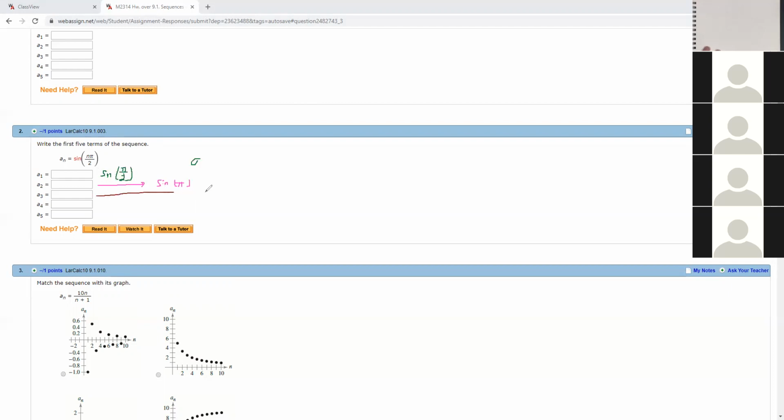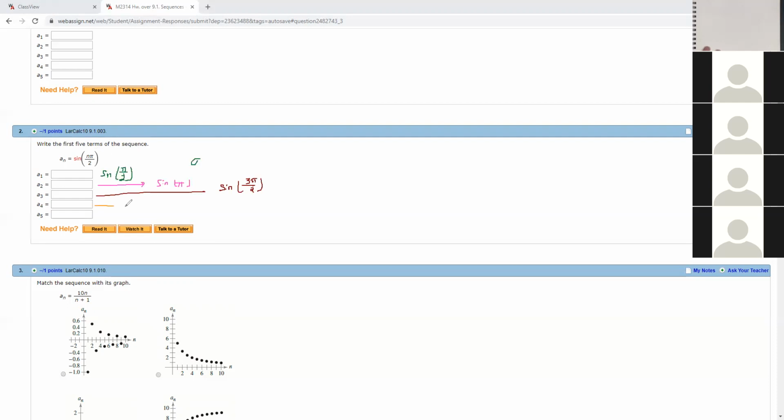A sub 3 would be sine of, Joshua, what's going to be this one if we put a 3 up there for n? 3 pi over 2, is that okay? Yes. Okay.